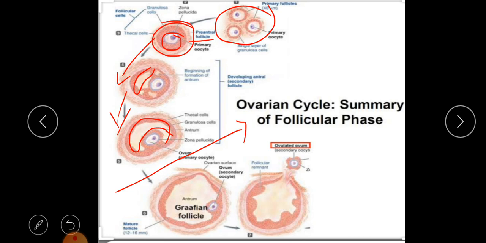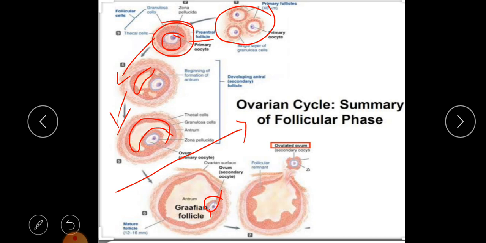Okay, so what happens here, the secondary follicle undergoes formation of the tertiary follicle. The tertiary follicle is also known as the Graafian follicle, and this is a matured follicle. We'll see here the antrum space is very large, where the ovarian surface is covered at the outer wall, and inside you will see there is a secondary oocyte.